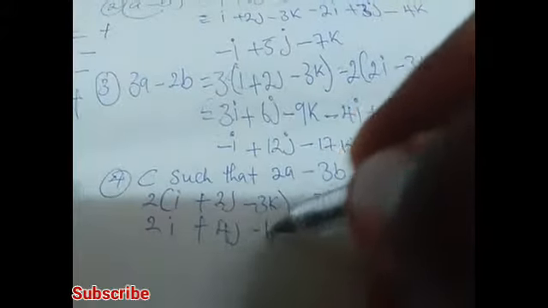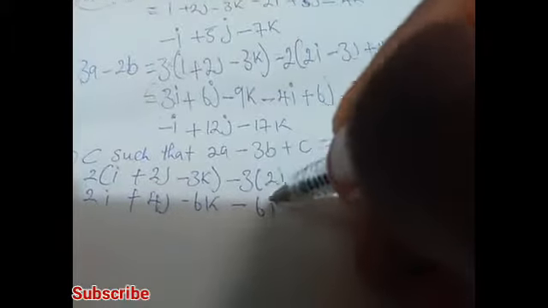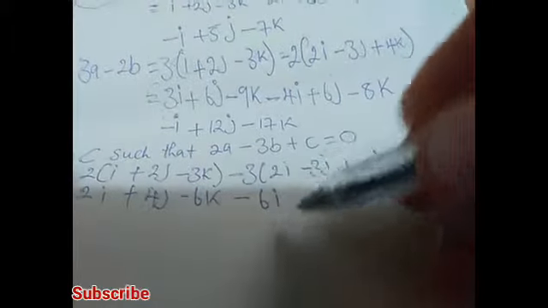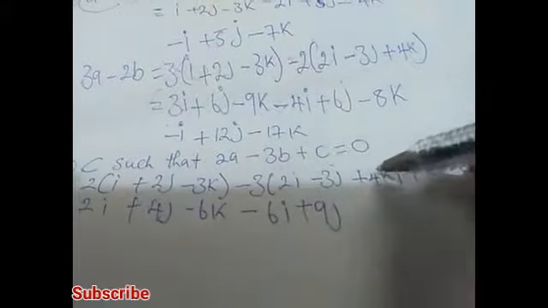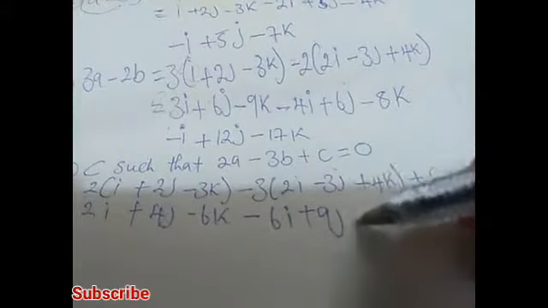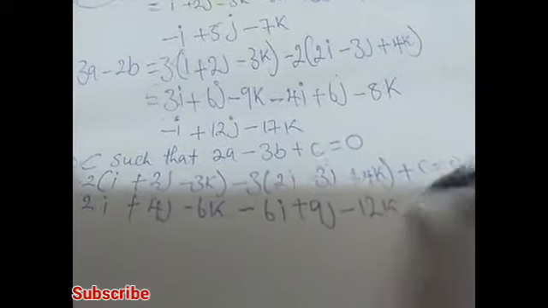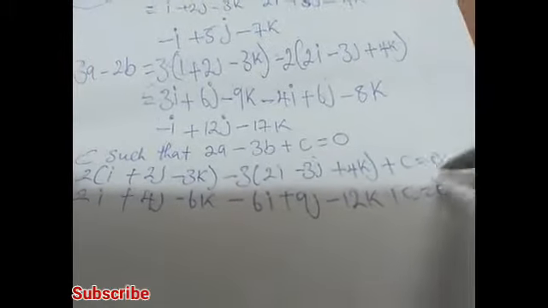So when you open this, you're going to have 2I plus 4J minus 6K minus 6I plus 9J minus 12K plus C equals 0.